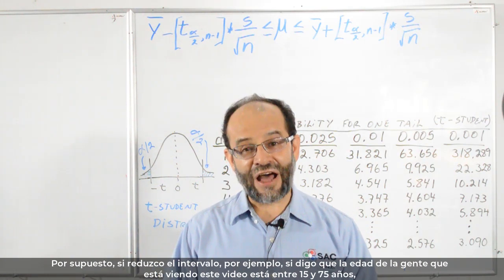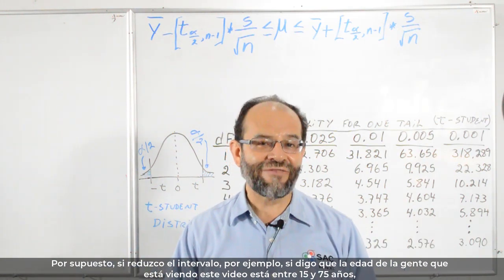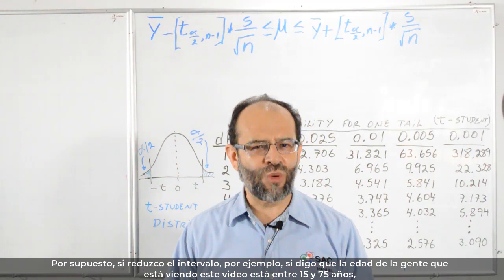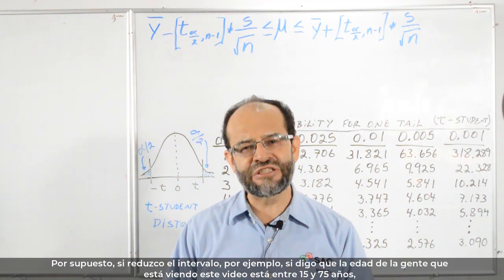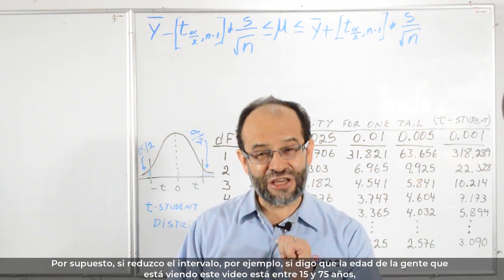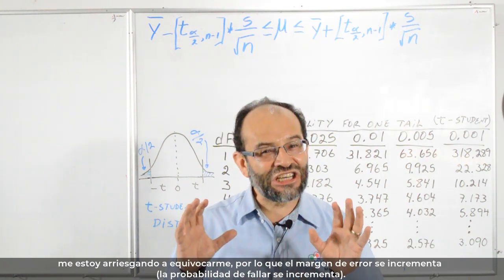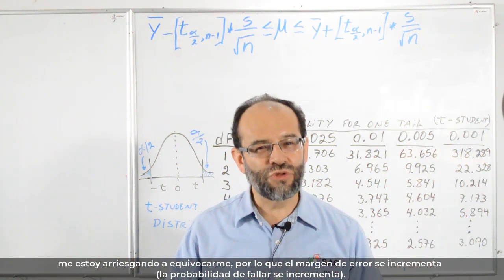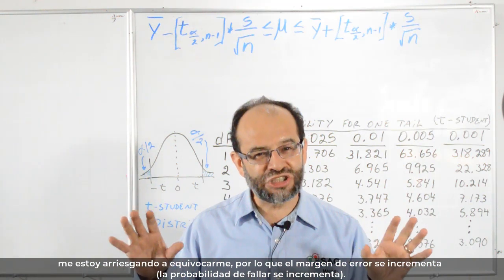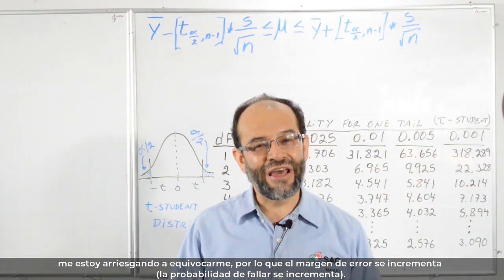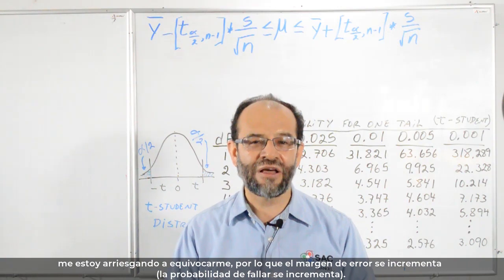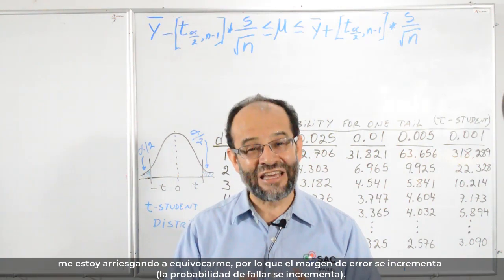Of course, if I reduce the interval, for instance, if I say the age of people watching this video is between 15 years old and 75 years old, well, I'm taking chances to make mistakes. I'm taking some chances, and then the error, or the probability to fail, increases.